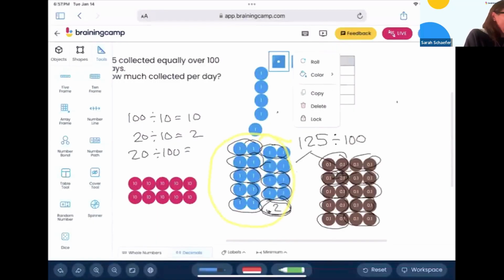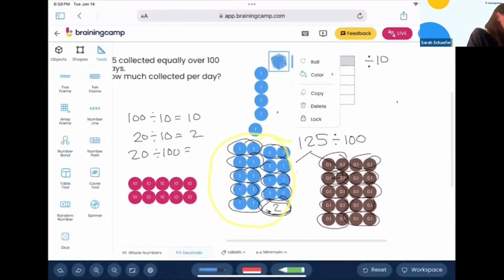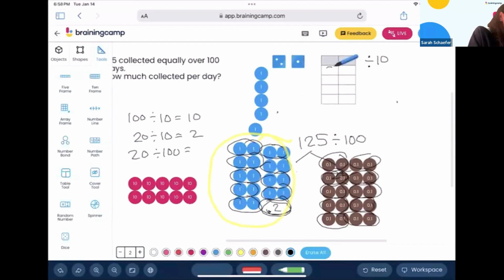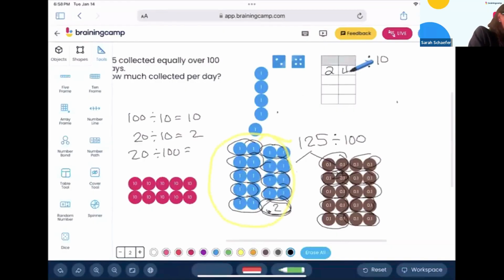This is where I've used the table so that kids can share it with me. Say we're dividing by 10, just to notice what's happening to the digit. The students will roll their die, and that will be their first digit, so they'll record it. Then they record their second digit here. And you can add more dice if you want.